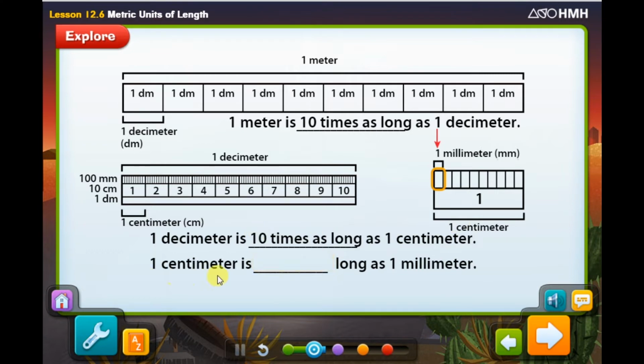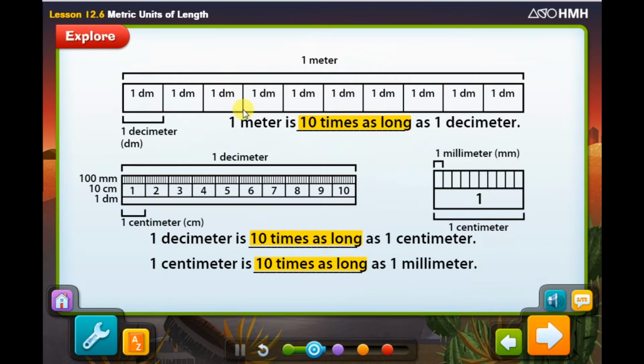So 1 centimeter is 10 times, meaning multiply by 10, as long as 1 millimeter. 1 centimeter is 10 times as long as 1 millimeter. The meter stick can help you understand the pattern in metric units. Each metric unit is 10 times as long as the next smaller unit. So each unit is bigger than the next smaller one by 10.